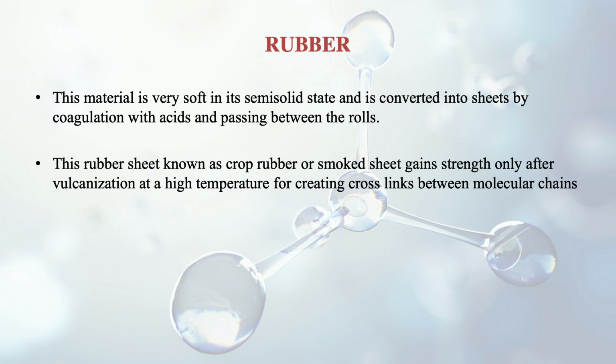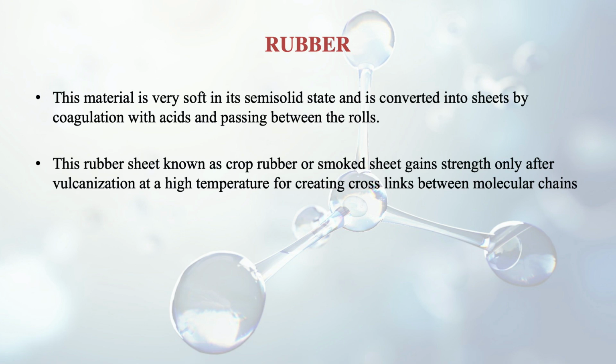So you put some acid in the rubber and then place it between the rollers, and sheets will be formed. This rubber sheet is known as crepe rubber or smoked sheet, and the strength comes from the vulcanization process which takes place at a high temperature.